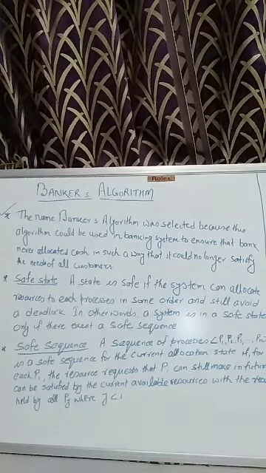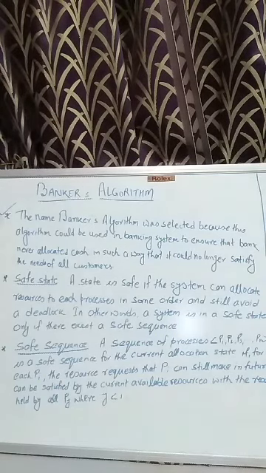The name banker's algorithm was selected because this algorithm could be used in a banking system to ensure that the bank never allocates cash or money in such a way that it could no longer satisfy the needs of all the customers.